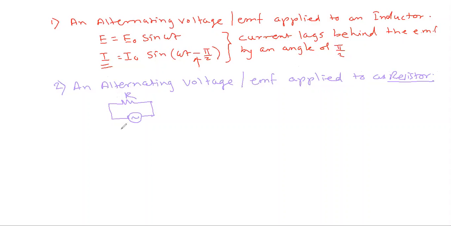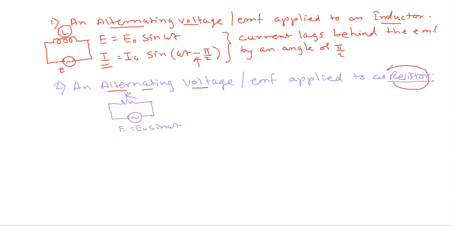This is purely a resistive circuit. Earlier, in the case of the purely inductive circuit, we used the inductor, that is L. Here, the alternating voltage is across the resistor, that is nothing but your R.